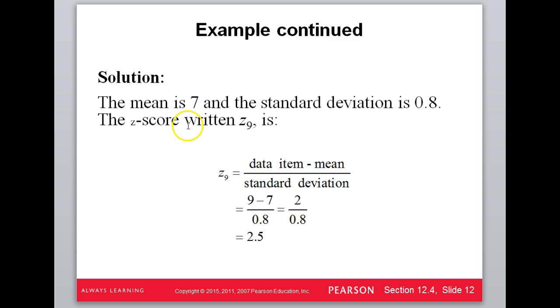Just notice this notation: Z9 in this particular distribution would be the notation for the z-score. 9 is the item that we were using. So whatever is written right here is what we replace right here in the formula. Z9 means we took 9, subtracted the mean, and divided by the standard deviation. So this is the z-score for the measurement from the data set being 9.